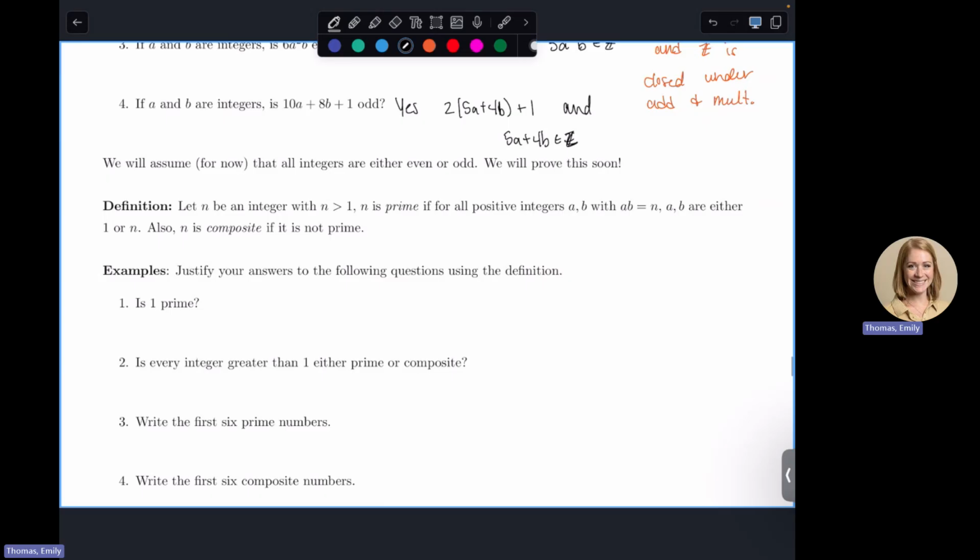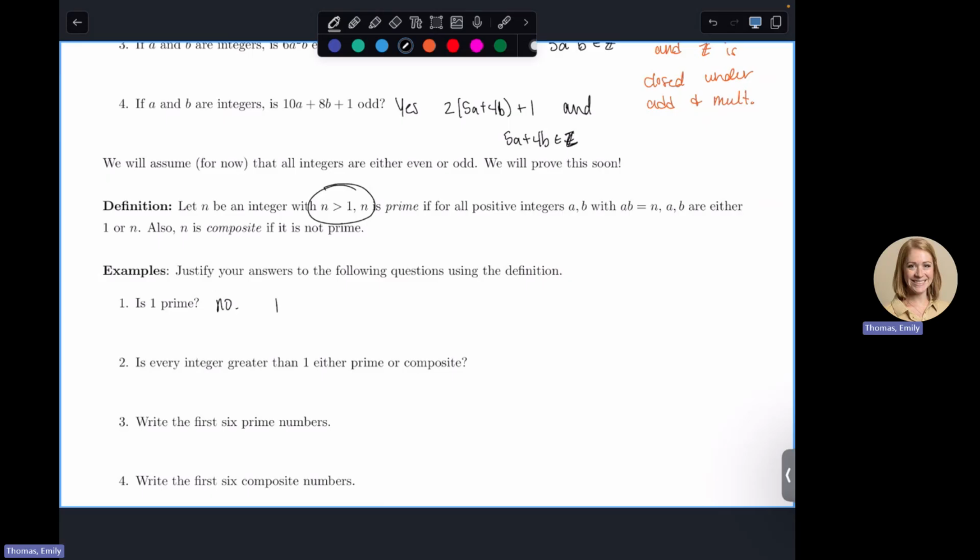Good? Okay. So is 1 a prime number? Why? Yeah, 1 is not greater than 1, so no. That's the first part of the definition there, right? So n is an integer, n bigger than 1, then n is prime if.